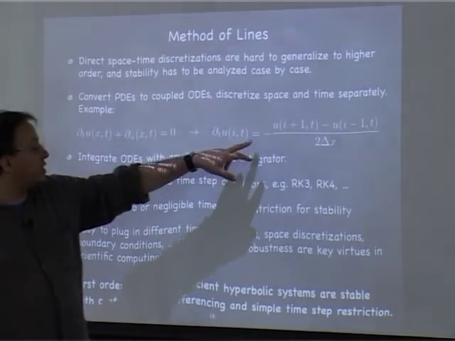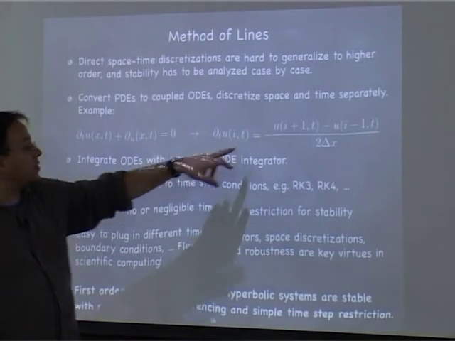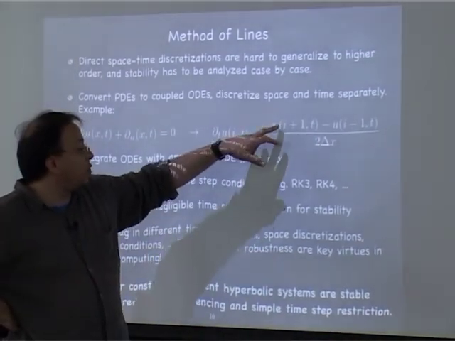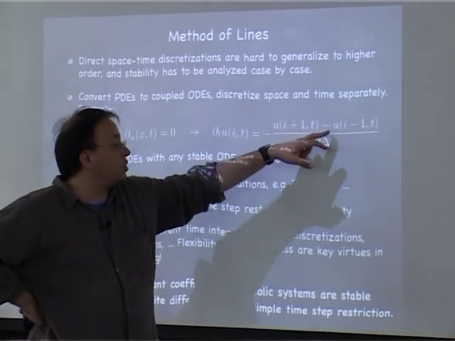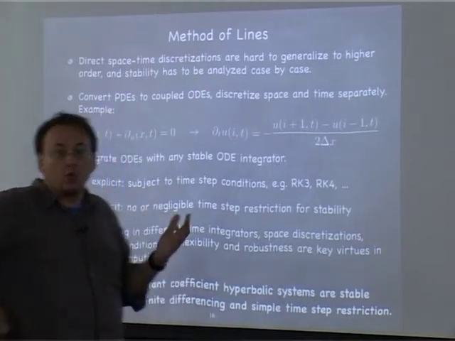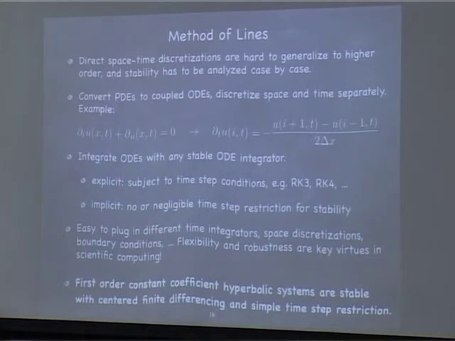So if we do this here, we discretize in space, then dx of u just becomes, with the formula which we just derived, u at the grid point i plus 1 minus u at the grid point i minus 1 divided by 2 delta x. What is this? It's a system of ordinary differential equations, right?